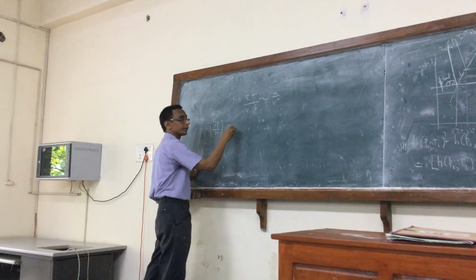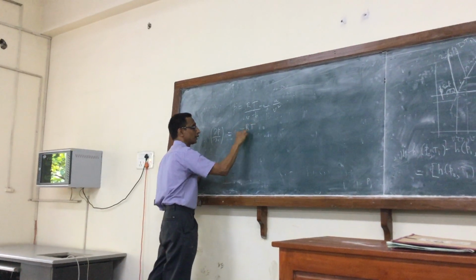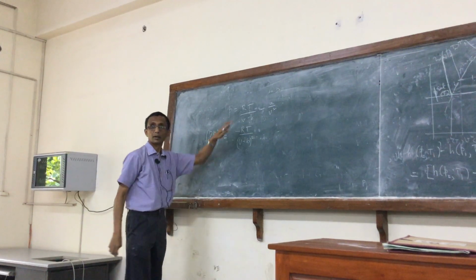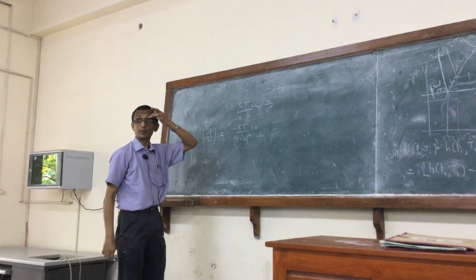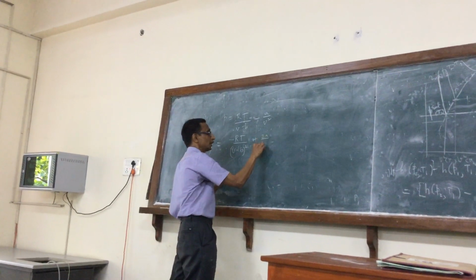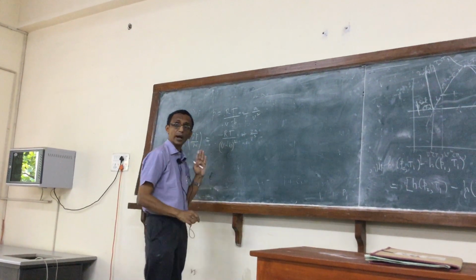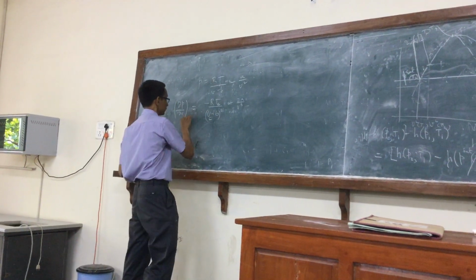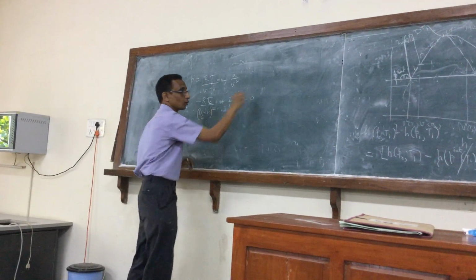This is going to be minus RT by (V minus b) whole square, by dV only. There is no derivative to temperature. This will be plus 2a by V cubed. This is equal to 0 at the critical point. So at the critical point it is 0.